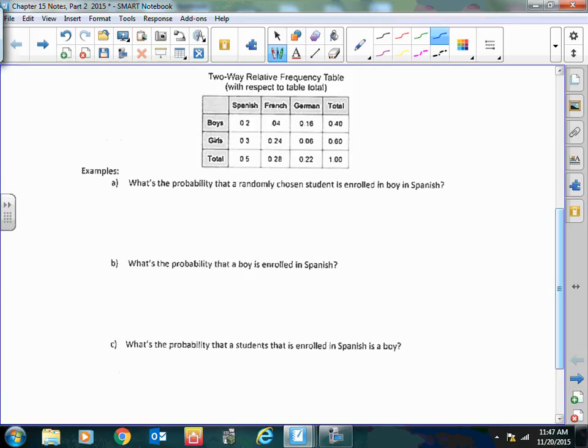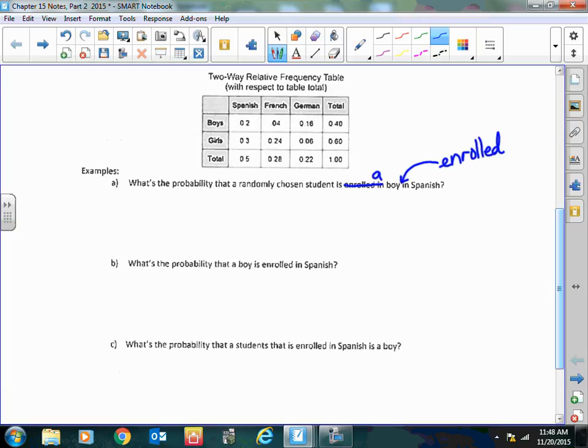All right, first of all, I typoed on this, so let's fix the typo before we get going. A should read, what's the probability that a randomly chosen student is a boy enrolled in Spanish? Okay?